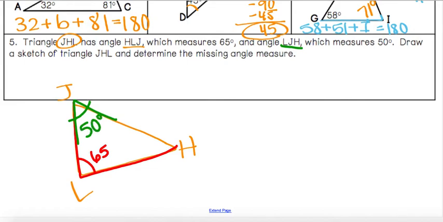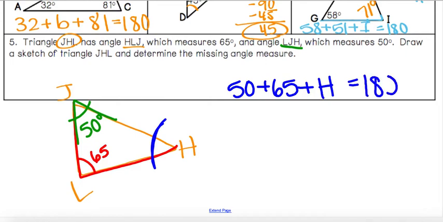Now, we want to know what angle H is. So we would do 50 plus 65 plus angle H is equal to 180. And when we solve, we will get angle H is equal to 65 degrees.